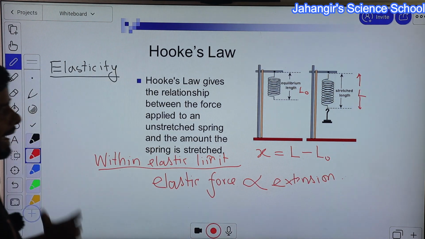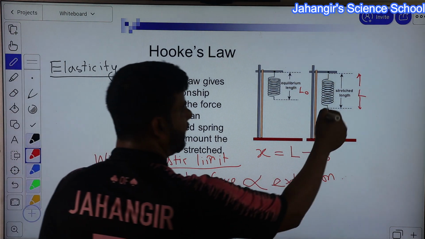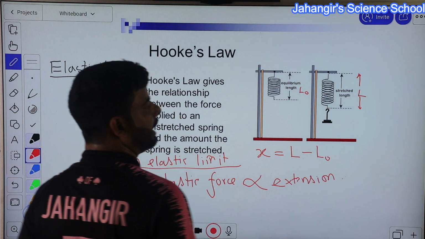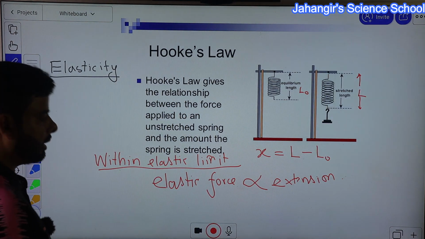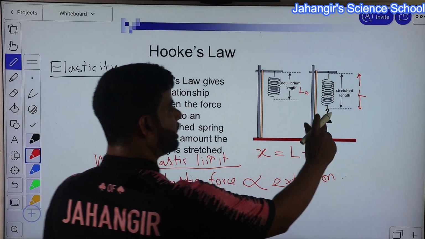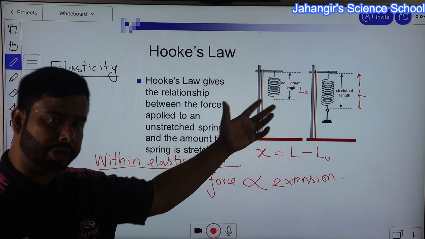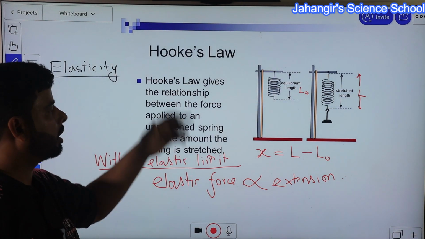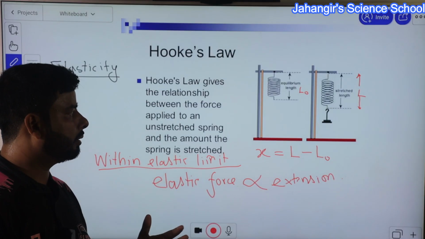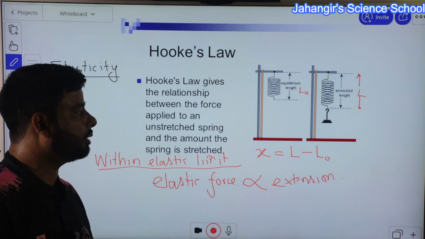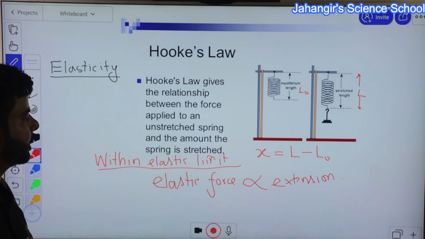When we apply a load, the spring is stretched, and when we withdraw the load force, there is a special property within the spring called elasticity. By elastic force, the object regains its original shape.